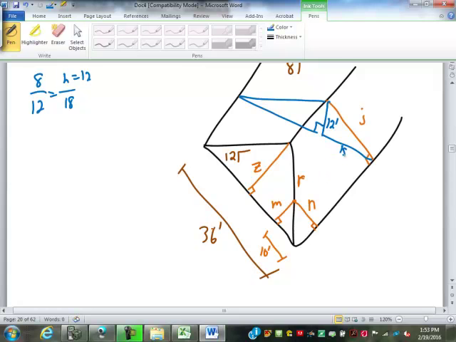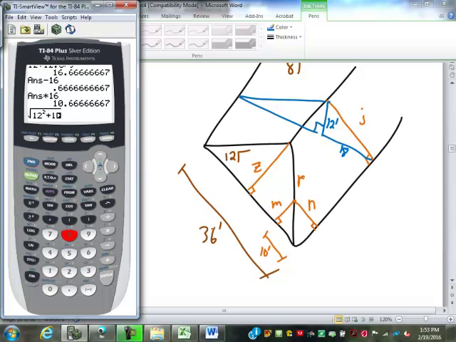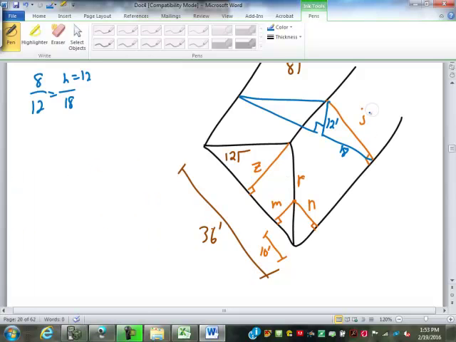This is 18 feet for my run. So 12, 18 equals square root of... So 21.633 is correct. I'm going to assume at this point you can convert it to feet, inches, and sixteenths.